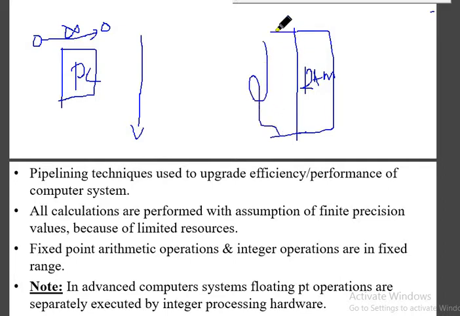Measured value means where we know the starting value and end value. If we know the starting value and end value, it cannot become infinite, it will become finite. Actually infinite is an imaginary value. So all such calculations whatever we perform in the computer system, we assume as finite.